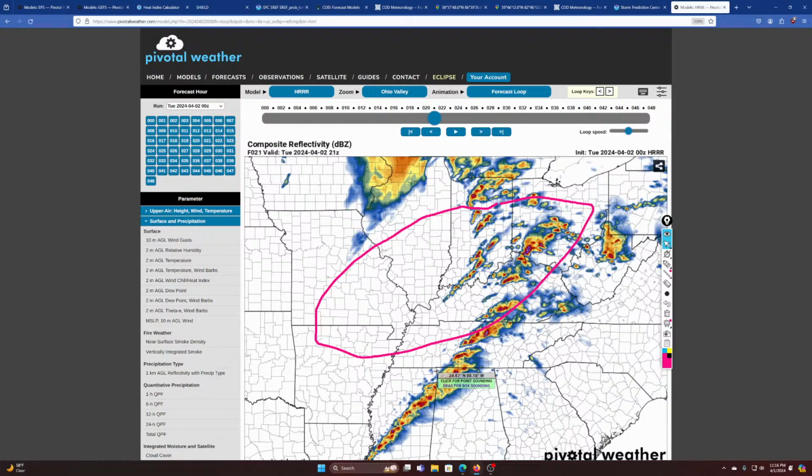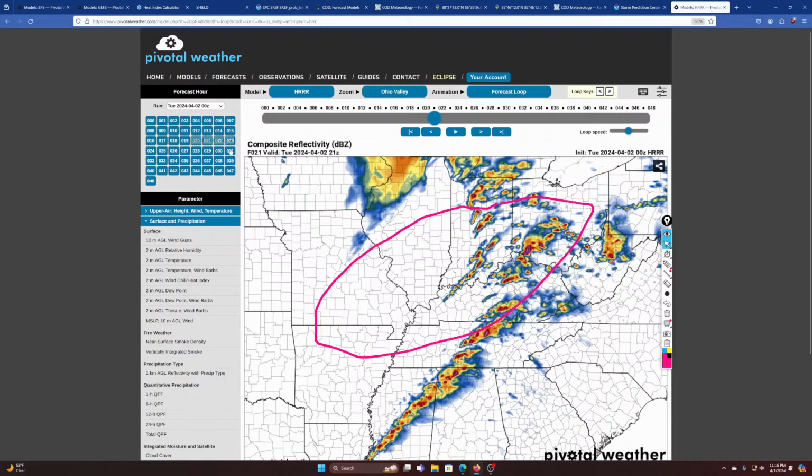This is the area I saw for Mississippi and Alabama, and you can see that these storms are more like in a line, and when storms are in a line like this, they're not really usually favorable for tornadoes. What you really want is storms that are kind of by themselves instead of being in a whole line like this stretching for miles and miles and miles. You kind of want them to be by themselves.